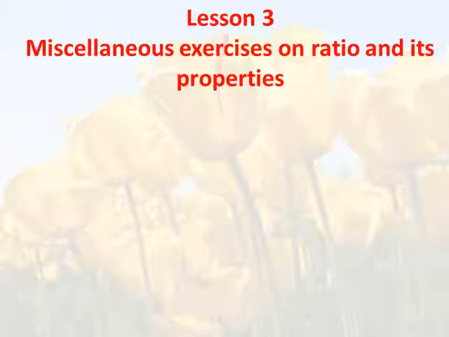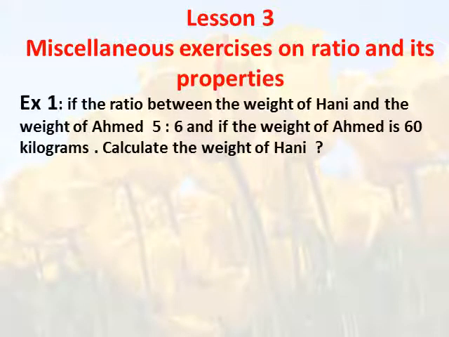The unknown quantity which I want to get and know its value is defined as an unspecified quantity. For example, we need to specify the weight of a person, the price of goods, or the number of boys and girls in a school. Okay. For example, exercise number 1.